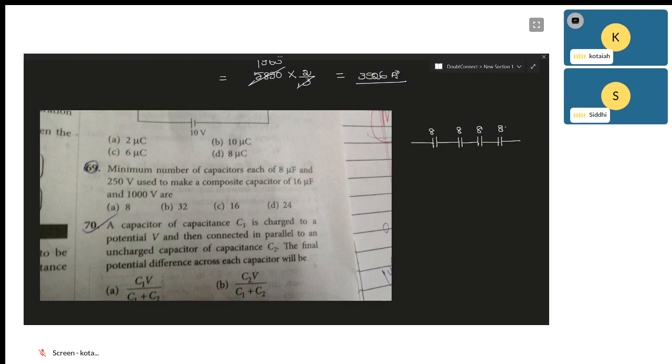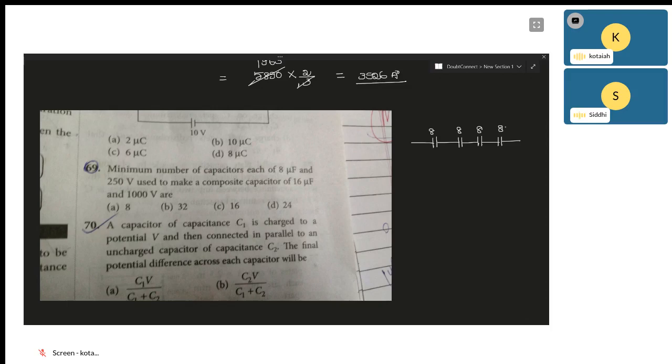If they are in series and they are equal, take any one of the capacitances, 8, divided by how many capacitors there are, 4. 8 by 4 is 2. So that is the equivalent capacitance.